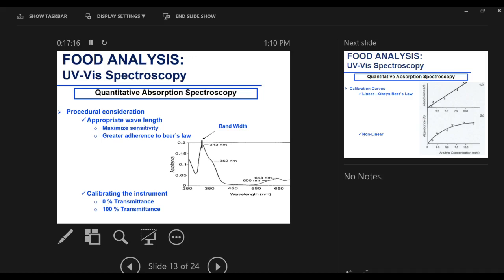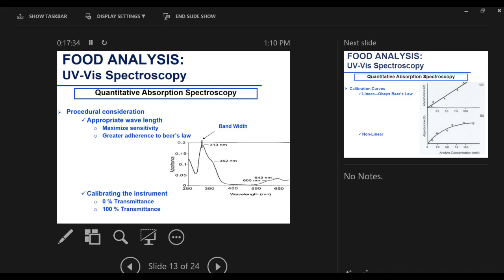And of course, you have greater adherence to Beer's law. When you have that narrow band with a narrow range of wavelengths, hopefully within 1 or 2 nanometers, then you can get that maximum adherence to Beer's law.